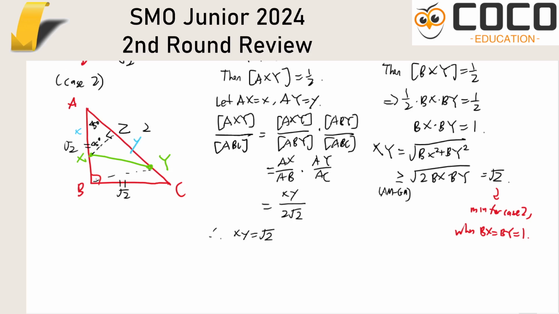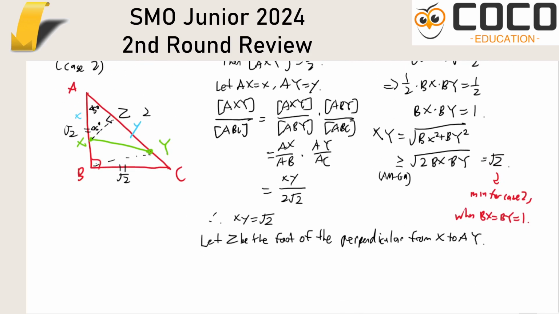Call that Z. Now, immediately, the reason why this is good is that you have got this 90, 45, 45 triangle, the same as the whole big triangle. So the 1:1 to root 2 ratio will still apply. So AZ equals ZX equals x over square root 2.